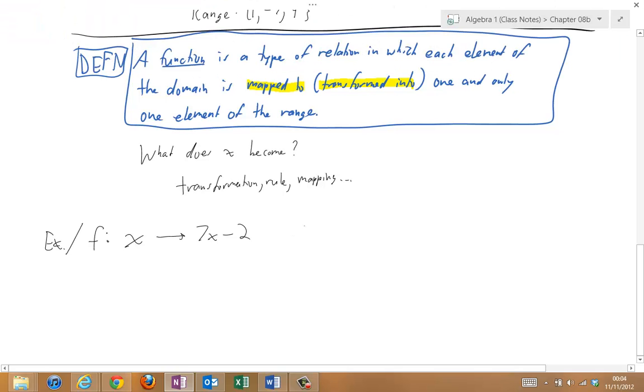It means f is the rule that changes x into 7x minus 2. Let's say I have that, and then let's say that my domain is -3, -50, and 2. Can you find the range?